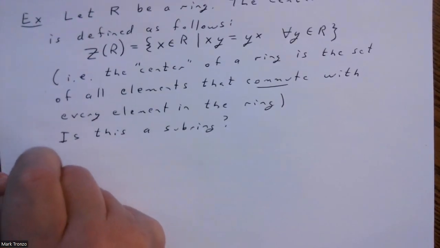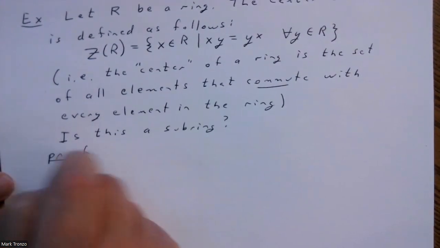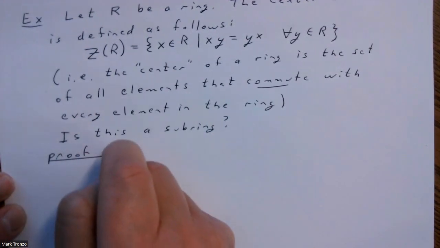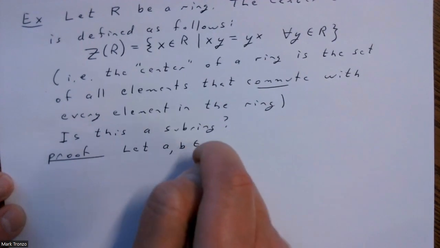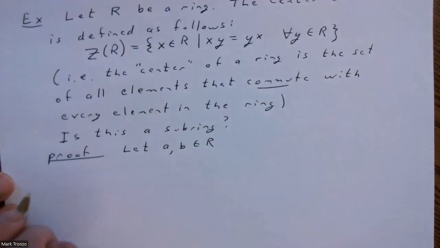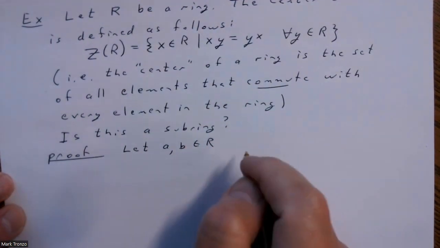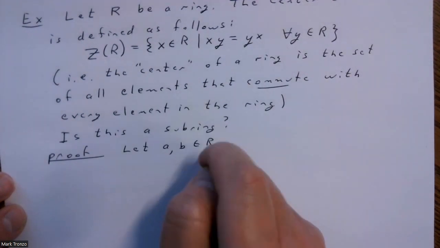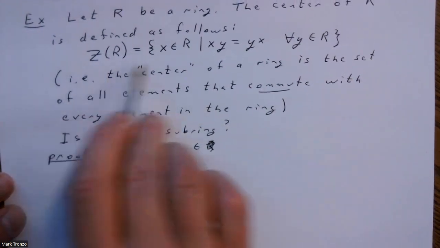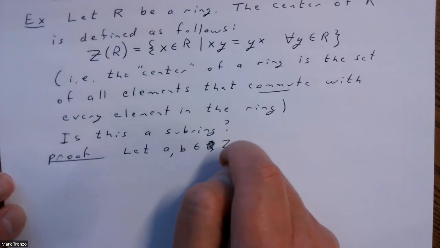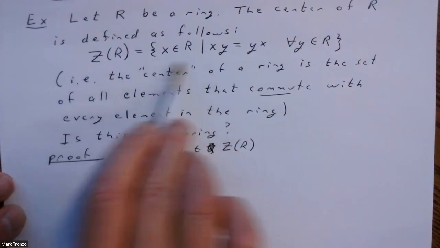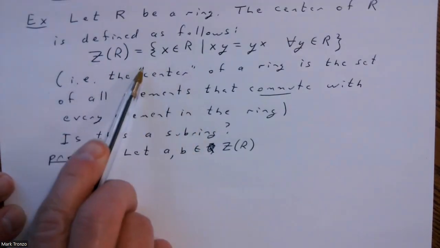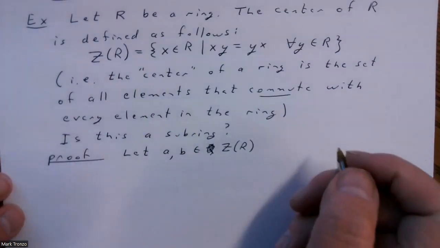And again, let's do the proof as usual. Let me use A and B this time so I don't confuse. In the set we're interested in, the center, we'll pick two elements. Sorry about that. Sorry, in what we call the center of the ring.